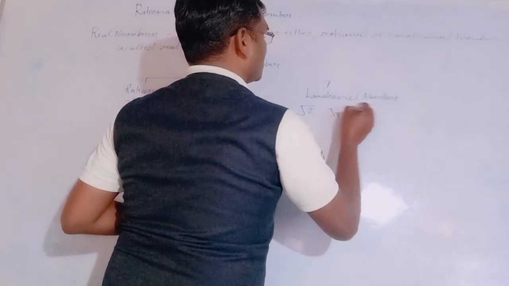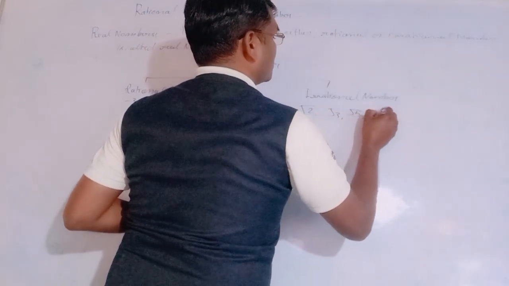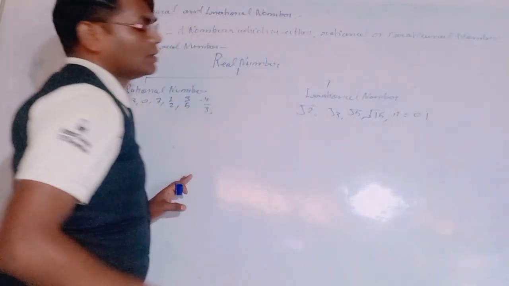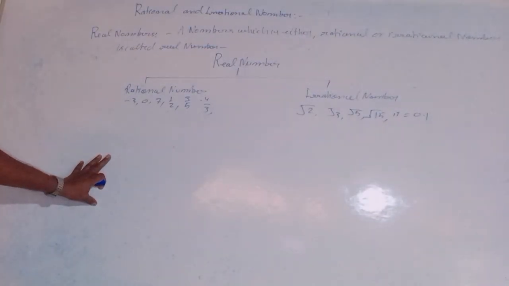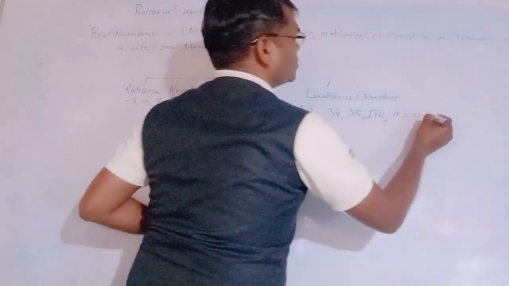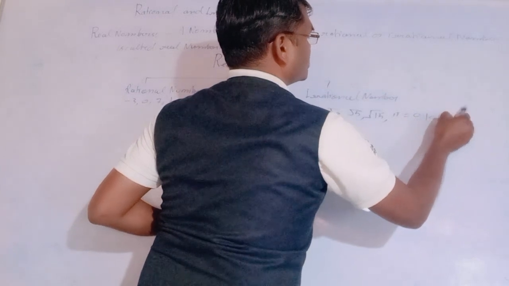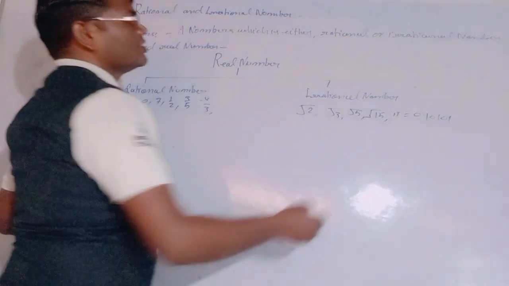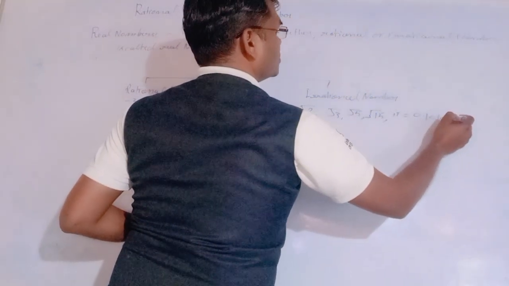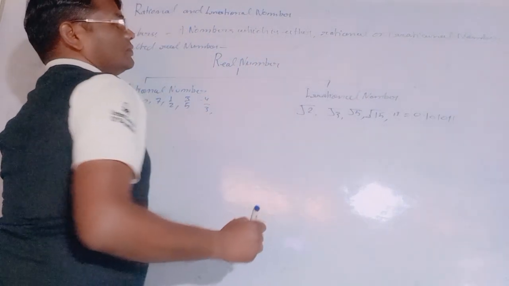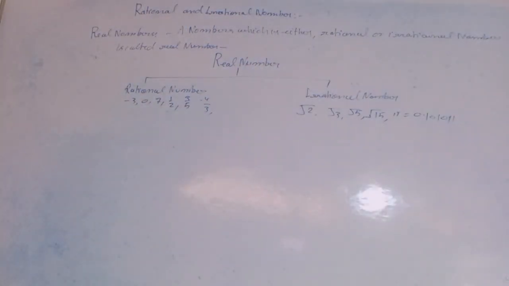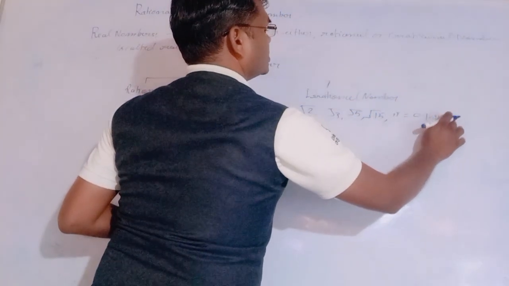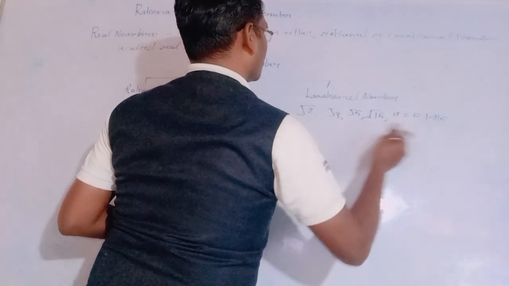Under root 3, under root 5, under root 15, and pi are irrational numbers. Numbers like 0.100101 and so on are also irrational.